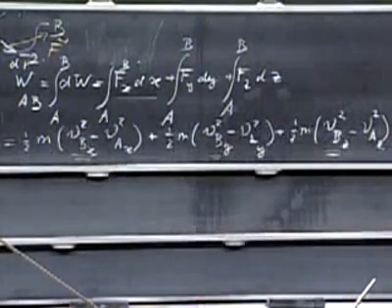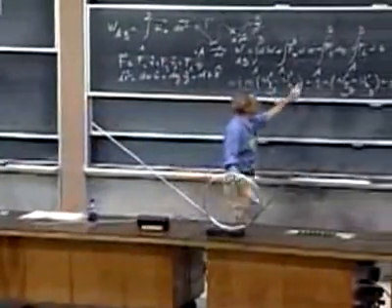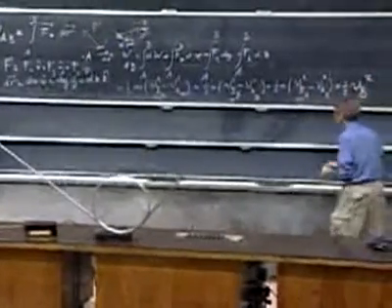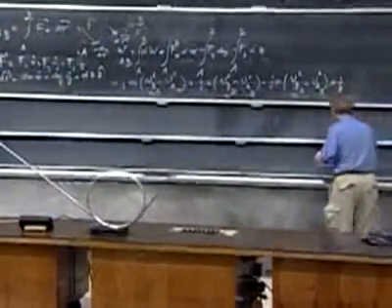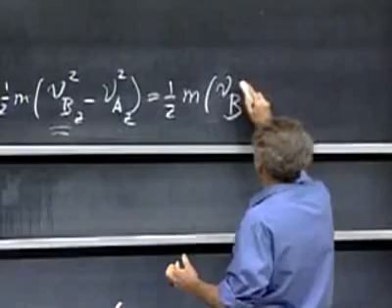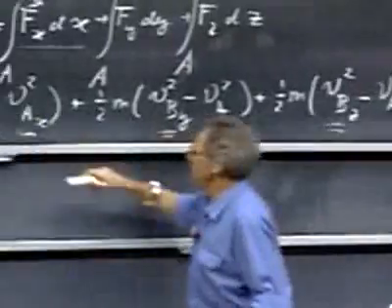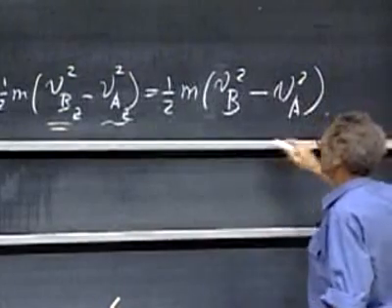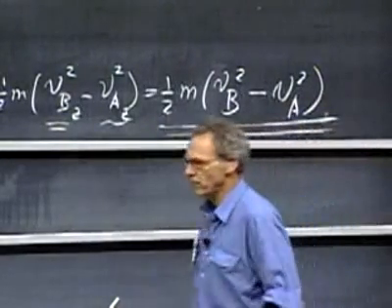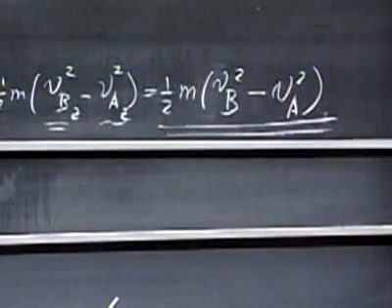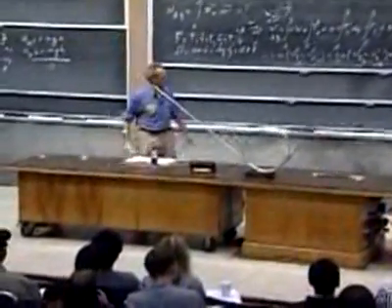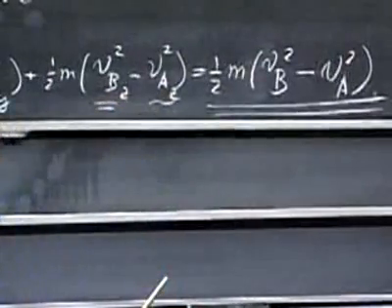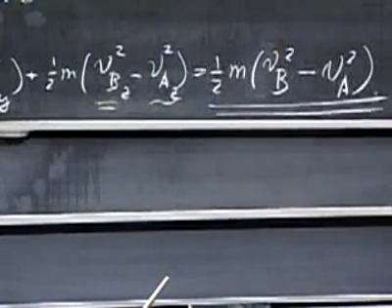You get the square of the speed. So if you add up these three terms, you get vb squared, I lost my m, let me put my m in there, 1/2 m times vb squared minus va squared, and you get exactly the same result that you had before, namely that the work done is the difference in kinetic energy. You can always think of these as speeds. Velocity squared is the speed. It's the magnitude squared of the velocity.